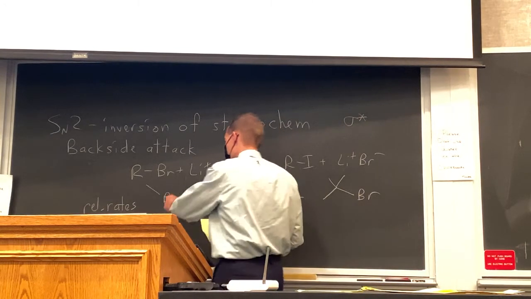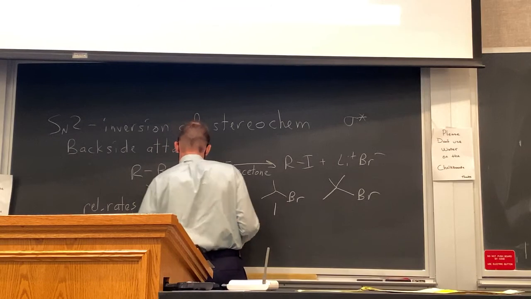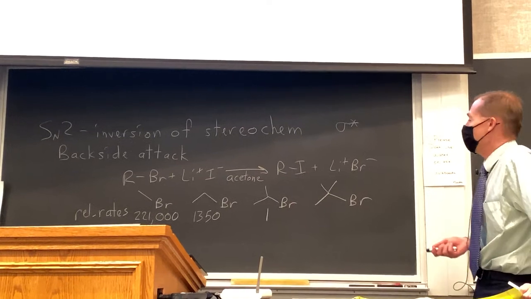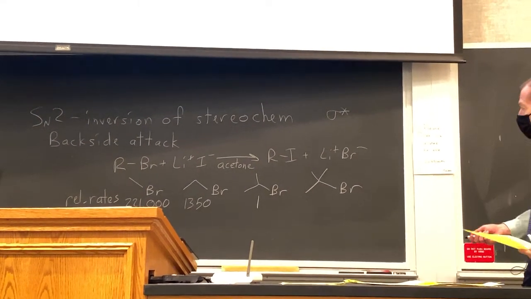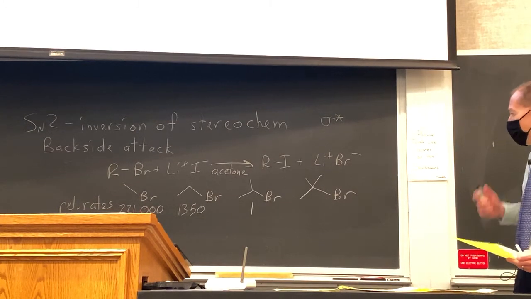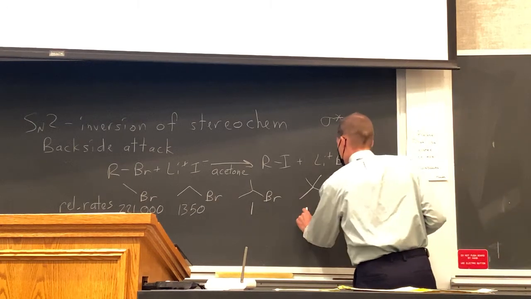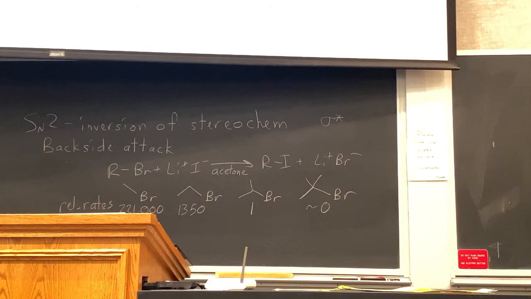It also turns out that the reaction of bromomethane is way faster, about 200 times faster than the rate of the primary alkyl halide, and over 200,000 times faster than the rate of the secondary alkyl halide. And the rate of the reaction with the tertiary alkyl halide is basically non-existent. For purposes of the class, we will say tertiary alkyl halides are unreactive in SN2 reactions.